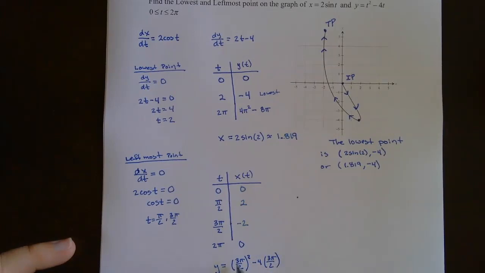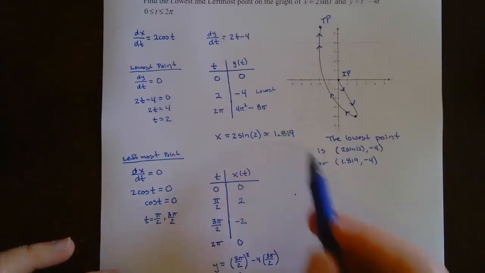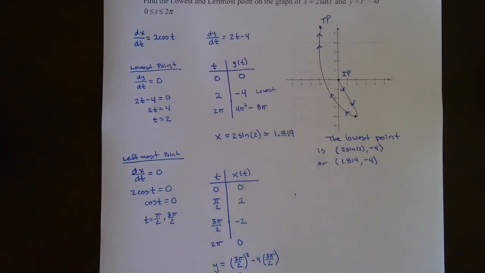That would be 9 pi squared over 4 minus 12 pi over 2, or 6 pi. And then we could put that into our calculator and get a decimal approximation, just like we did for the 1.819.